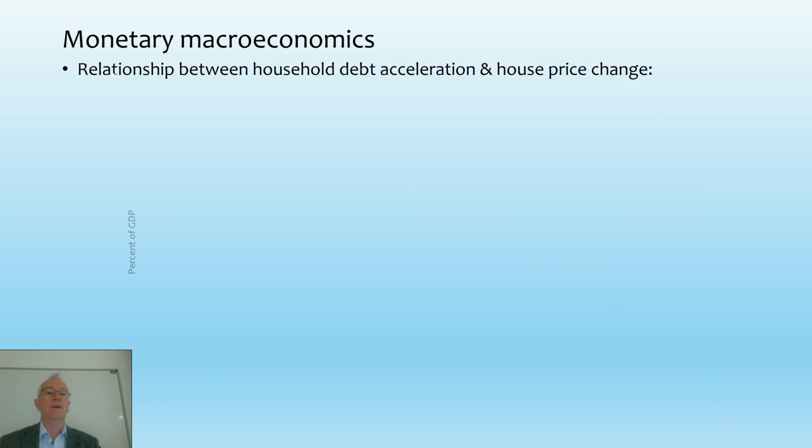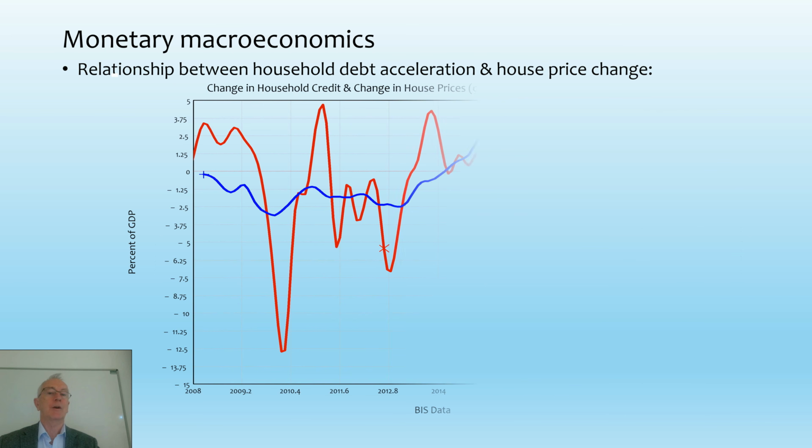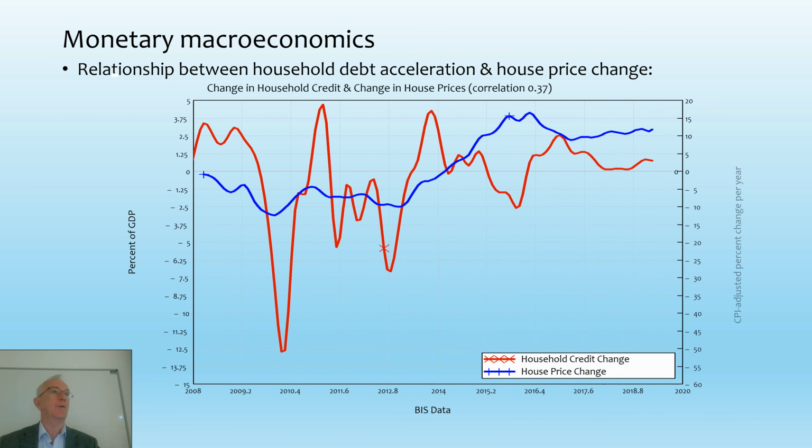And when I do that, I don't get a relationship as strong as America's, but I still get about a 0.3, 0.4 correlation. So what drives asset prices is changes in credit. And therefore, that's a reason to control the banking sector and stop them lending for speculation on asset prices, because lending itself causes the change in prices.